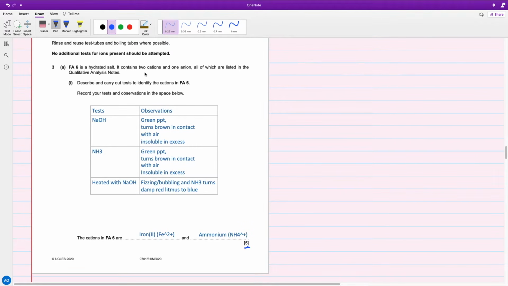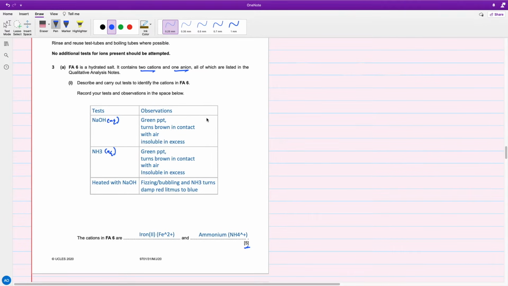So FA6 contains 2 cations and 1 anion. The test for cations involves sodium hydroxide and ammonia, the aqueous form of both. For this reaction, you get a green precipitate and it turns brown in contact with air, insoluble in excess.